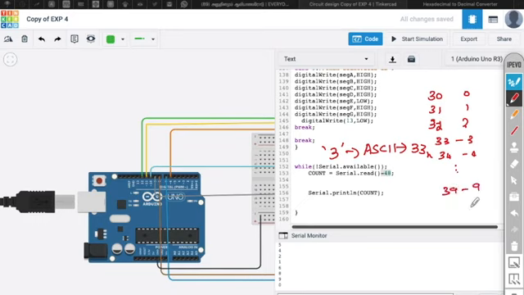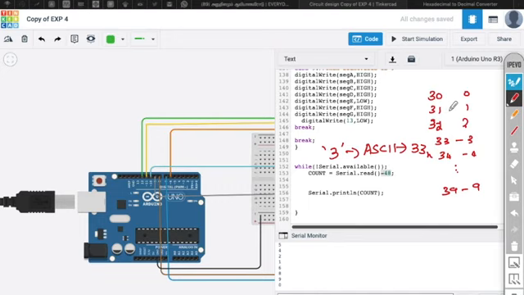So the numerics were mapped in this way for ASCII code in hexadecimal format. In order to retrieve the actual number, we can subtract this 30. 30 minus 30 hexa will return you the actual number.